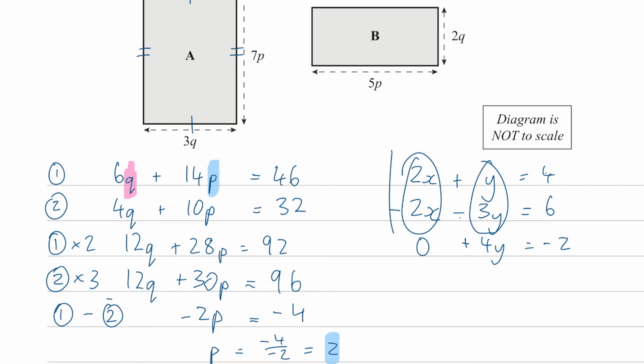If you looked at p, however, we would have had to times the first one by 10 and the second one by 14. And that gets a little bit hard to do without a calculator. So if you get stuck on this step, try looking at the other variable to see if it's any simpler.